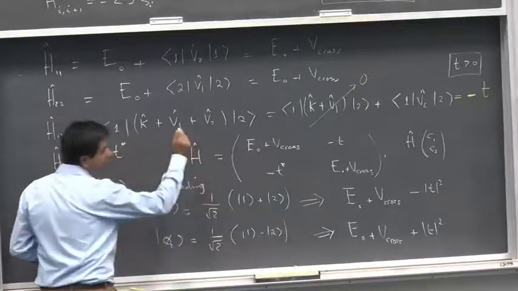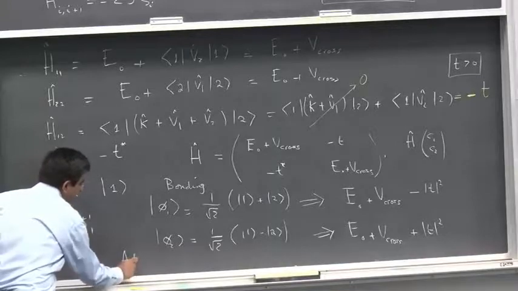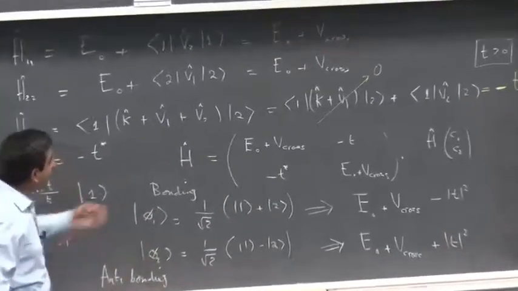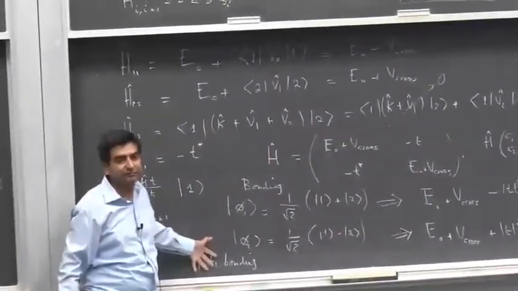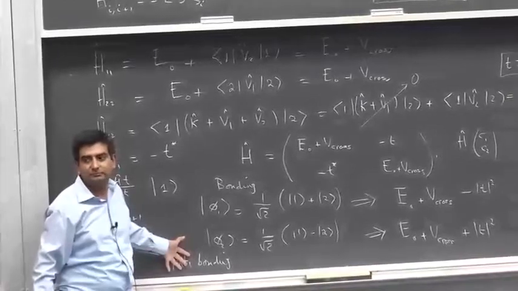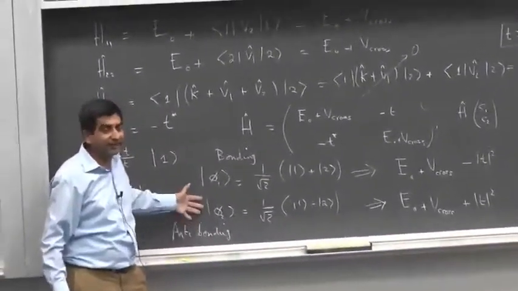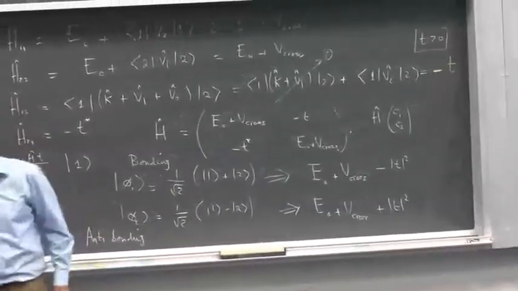It's lower in energy. This is called an antibonding molecular orbital. So the tight binding Hamiltonian gives us these two covalent bonds. I can plot the energies of these orbitals with respect to the distance between the nuclei.